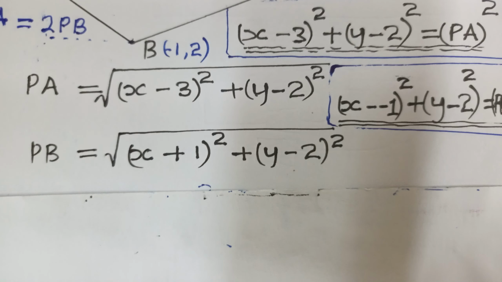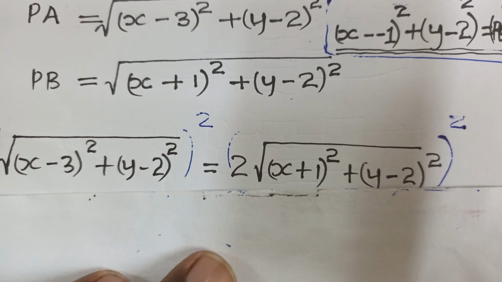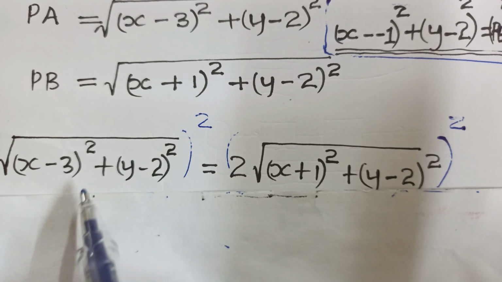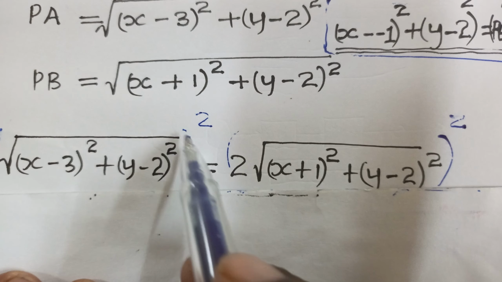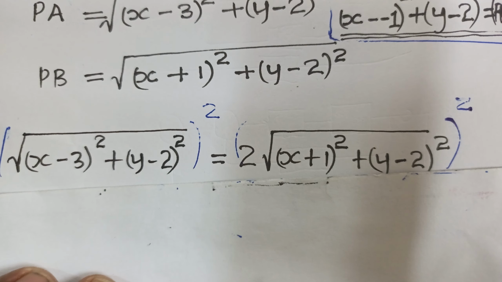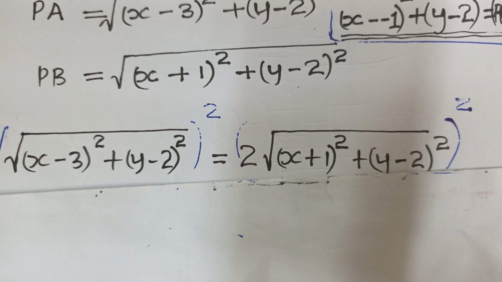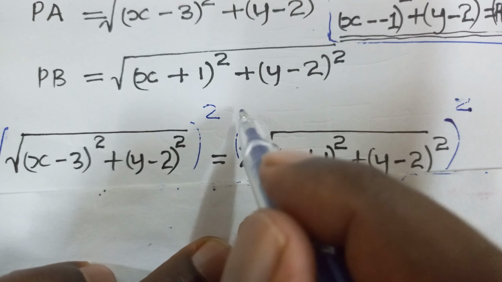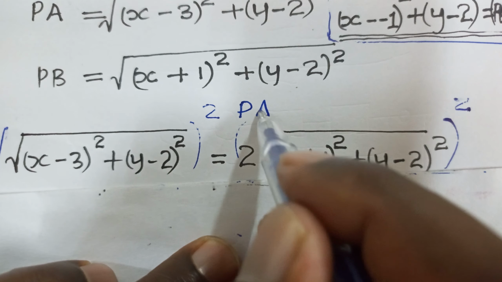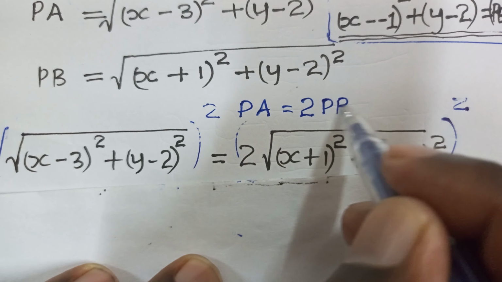Now we use the equation that we have listed there, whereby 2 multiplied by PB gives us PA. We can square this side and that side to obtain the equation pertaining to PA equals 2PB.